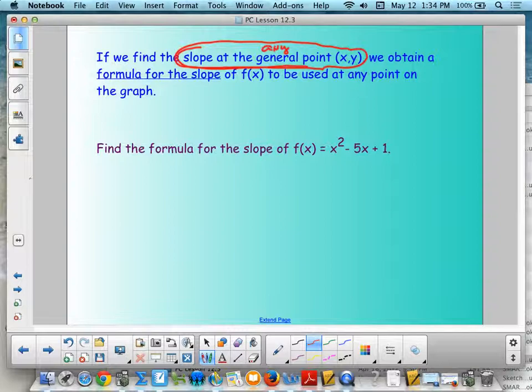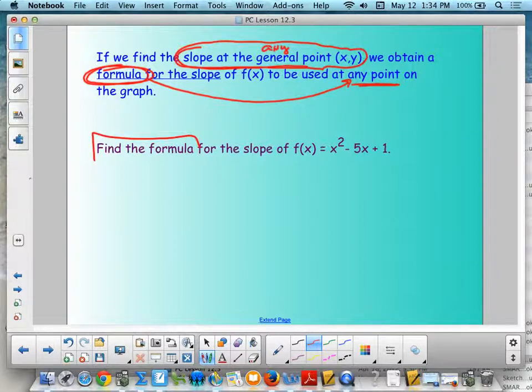We obtain a what? A formula. We're going to get a formula today, guys. We're not going to get an answer like 2/3 or 1/3. We're going to get a formula for the slope of f of x to be used at any point. The formula is good at any point on the graph.